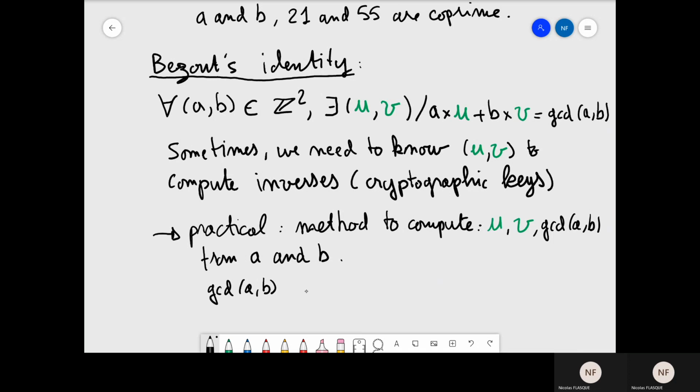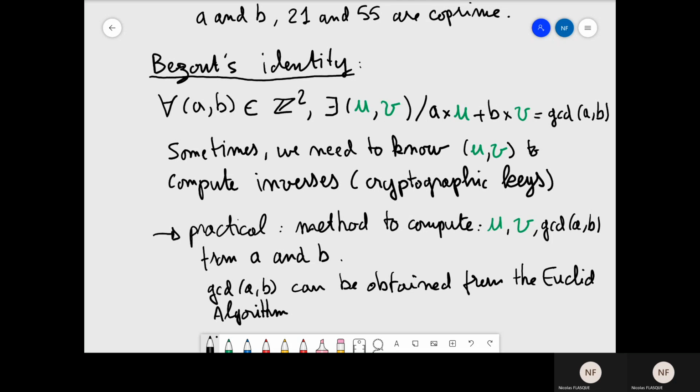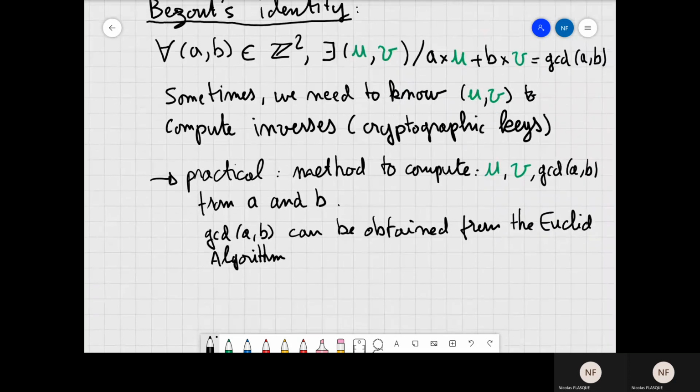The GCD of a and b can be obtained from the Euclid algorithm. It's been explained, and you have some examples in a video of how to proceed with the Euclid algorithm.